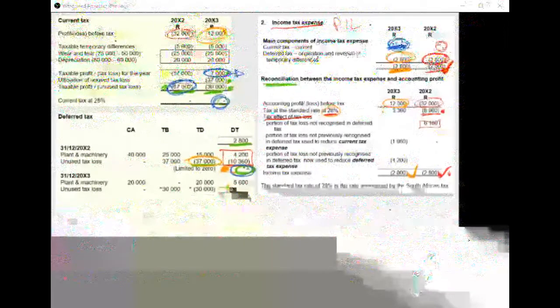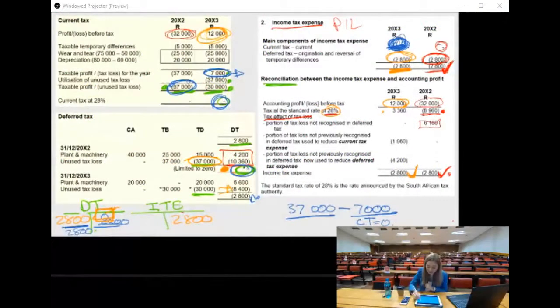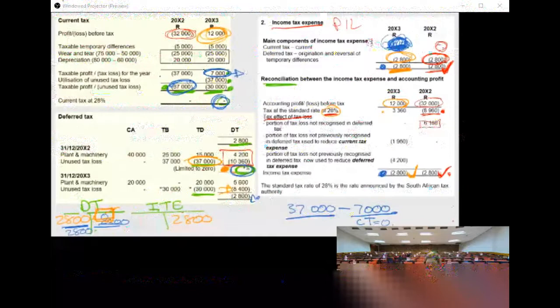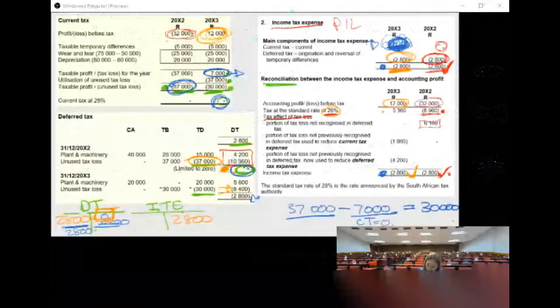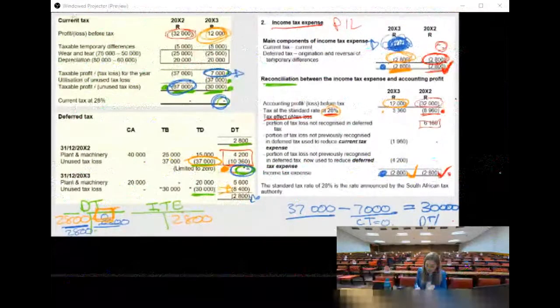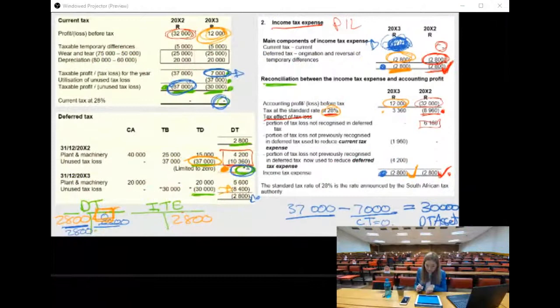And remember that 1960 that I would have had over here would have increased my total income tax expense. So this amount would have been different if I still had that current tax expense for the current year. And then the remaining 30,000 that's left of my unused tax loss, we are now recognizing as a deferred tax asset.